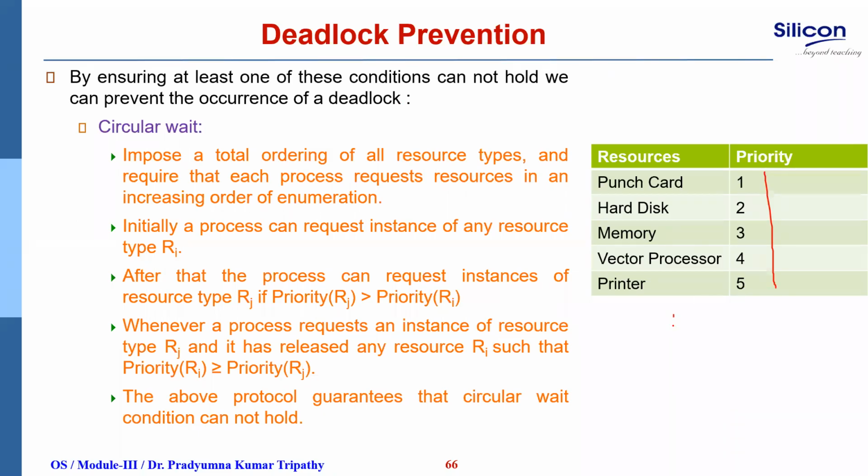See over here. Suppose f of R1, if I take R1, when the first process allocates, this should be less than f of R2, because the priority has to be higher so that it can allocate, right?